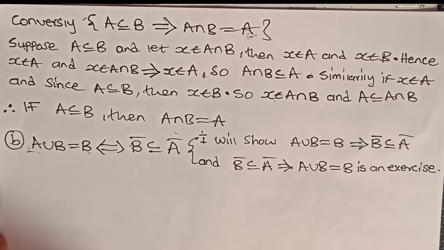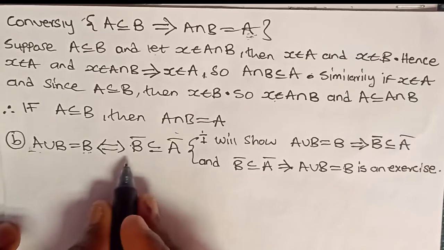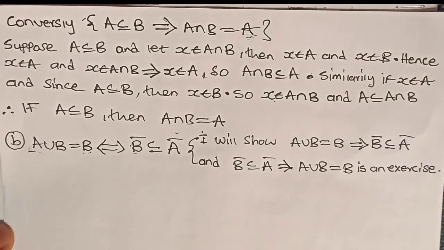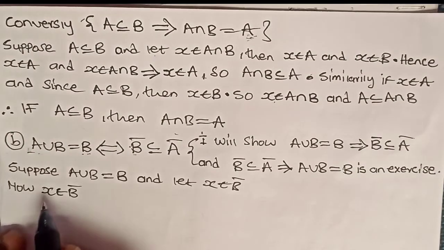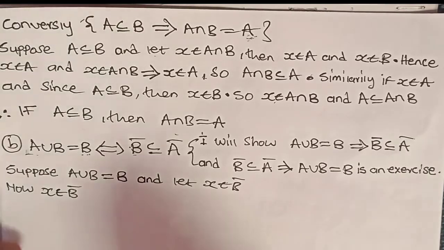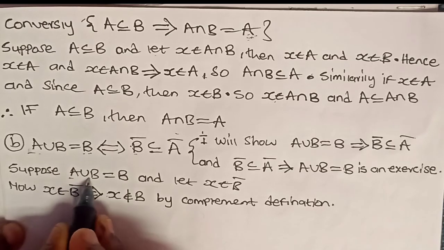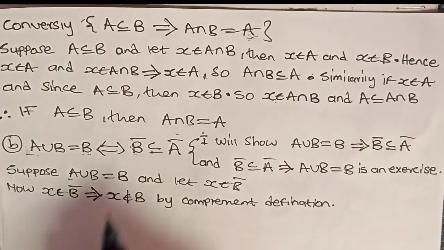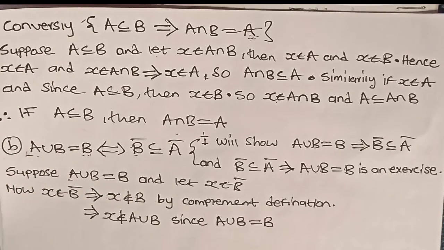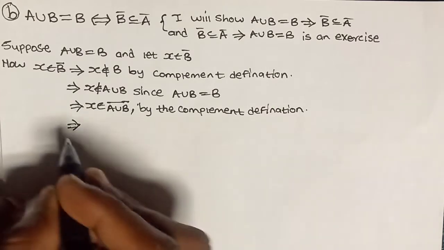Suppose A union B is the same as B, and let X be in B complement. Now, X an element of B complement will imply that X is not in B, and thus by complement definition, which will imply that X is not in A union B, since A union B is the same as B. So, if X is not in A union B, it's in the complement of A union B by the complement definition.